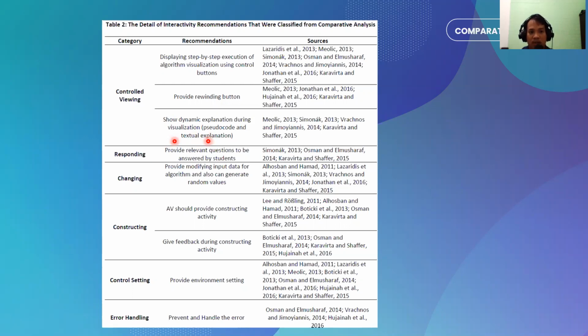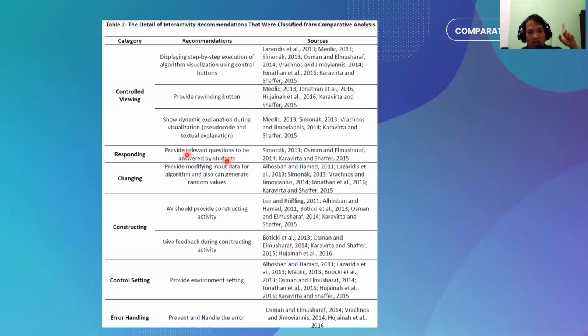Okay, now the next recommendation is about providing relevant questions to be answered by students. Sometimes while you are watching the visualization or animations, we have to make a pop-up feature so that the students are asked, for example, what is going to be the next animation, and we provide multiple choices underneath so that the students can forecast or guess what the next animation is. It's like when you are a lecturer teaching in front sometimes.